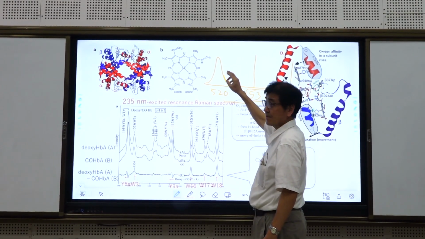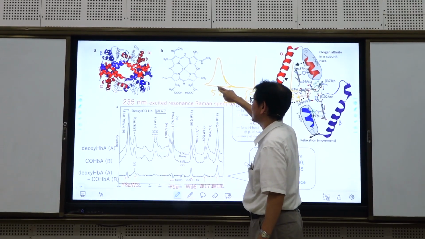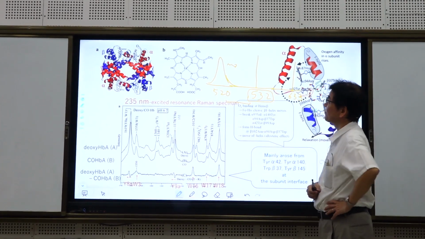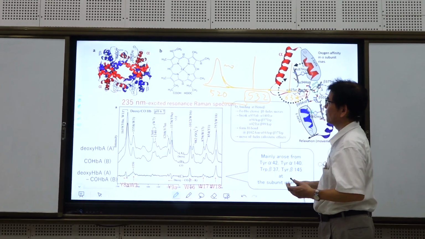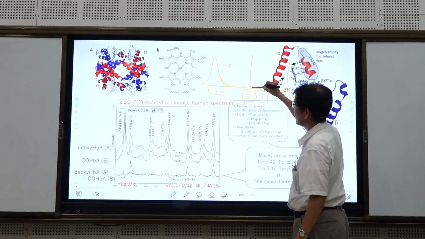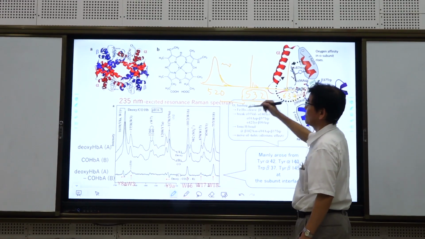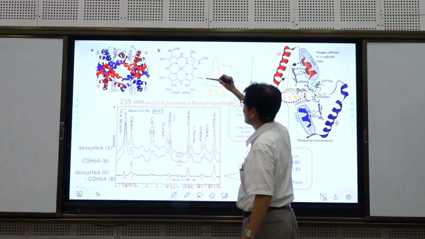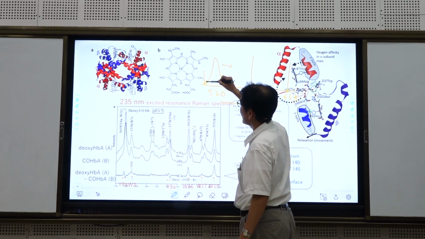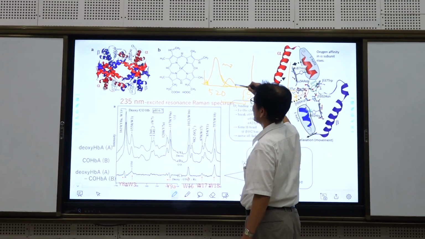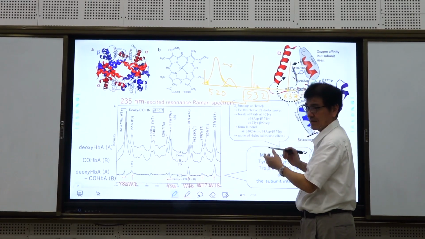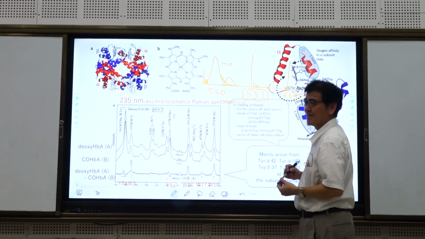This is the absorbance peak, and when you excite here, fluorescence occurs. The Raman scattering is a shift from the excitation wavelength, so if possible, you may choose this side. Then the Raman band is here and the fluorescence is there, so you can separate the Raman signal from fluorescence. But we do not have that.